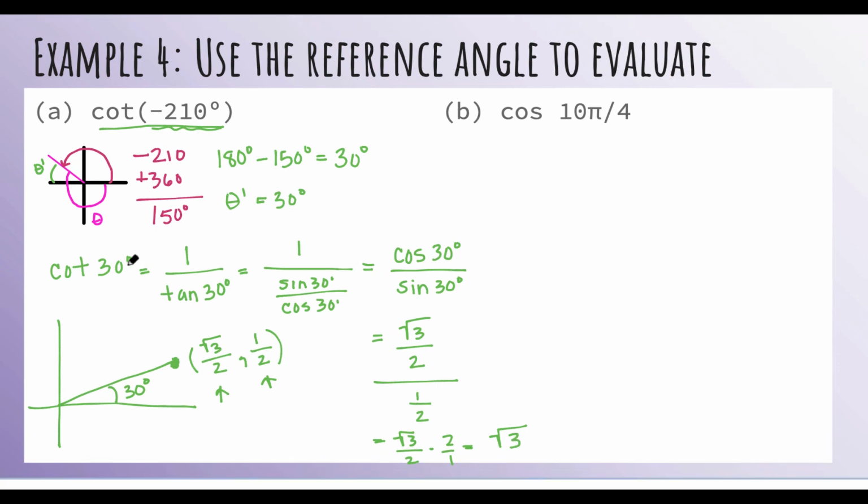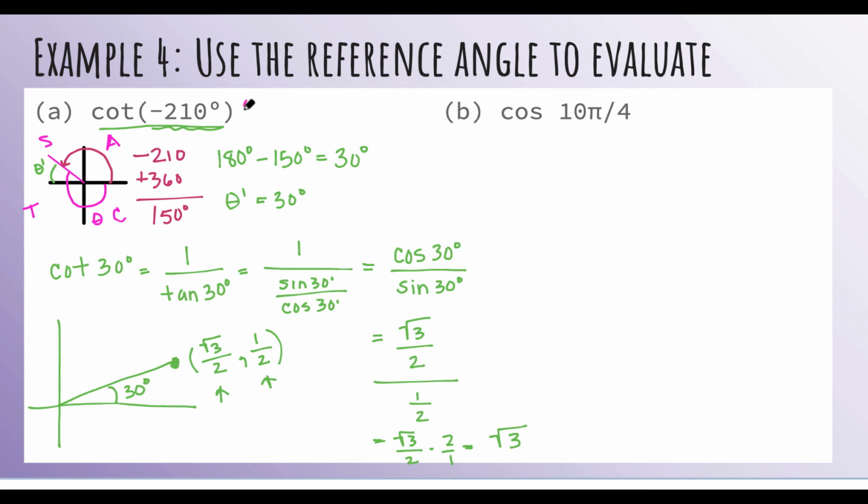So that's our second step. We've evaluated our trig function with our reference angle, and for the last step, we need to take a look at the sign for the trig function. If we remember, all students take calculus. Our original angle theta is in quadrant 2.